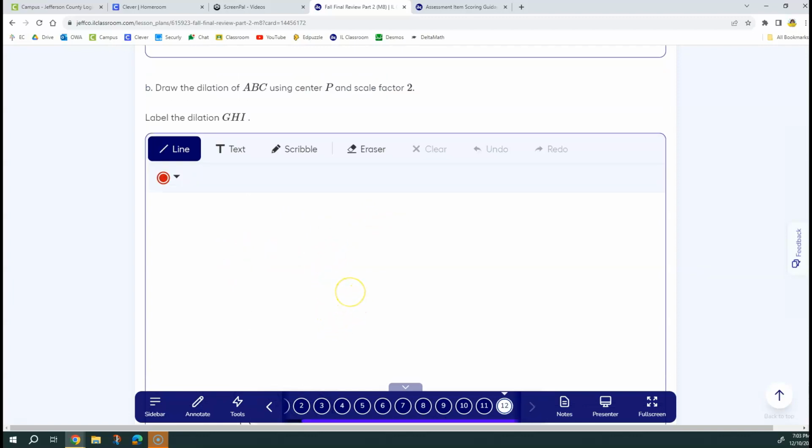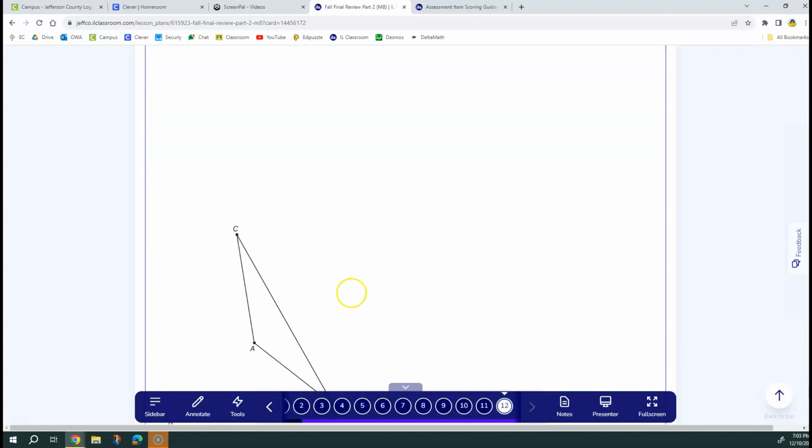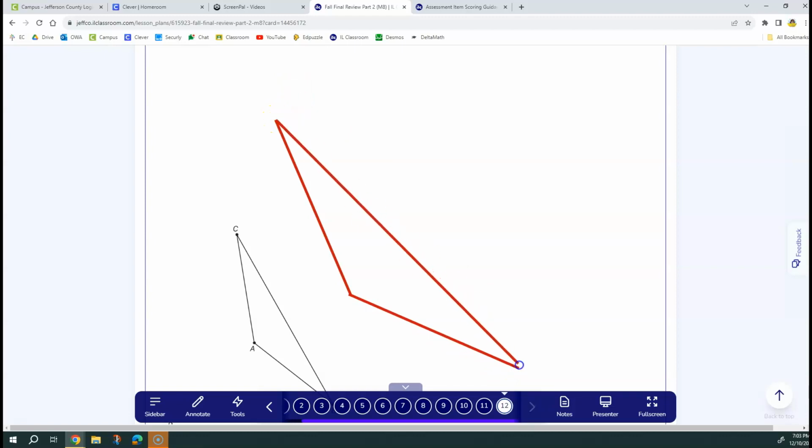So scale factor of 2. So our line size needs to be doubled. Okay. Doing my best. All right.